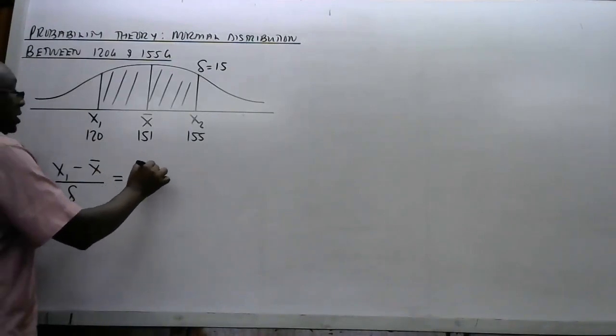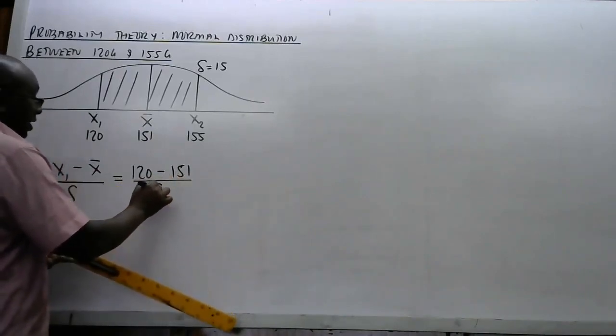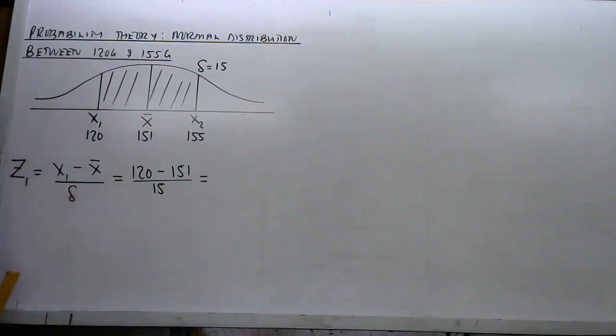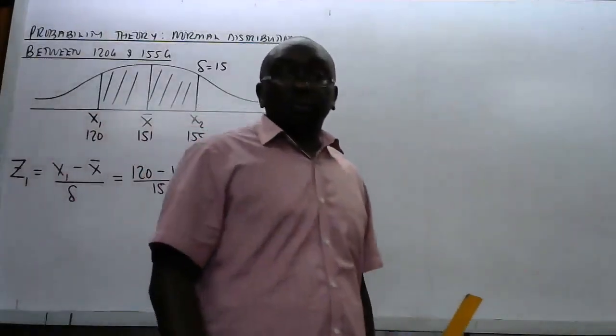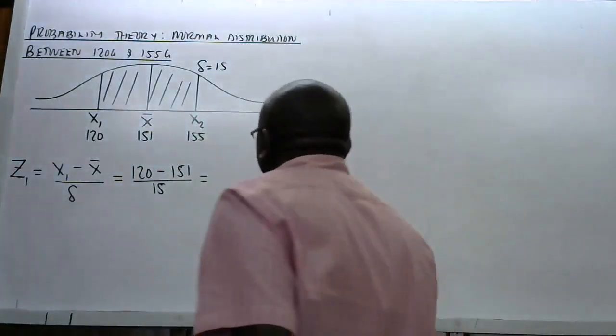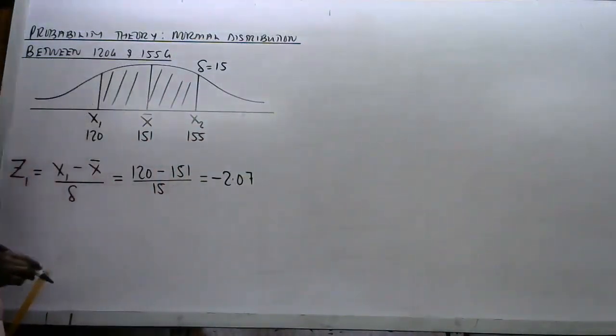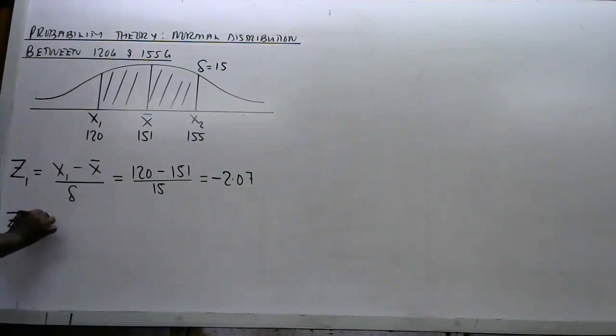So this will be 120 minus 151, divided by 15, to be equal to negative 2.07.